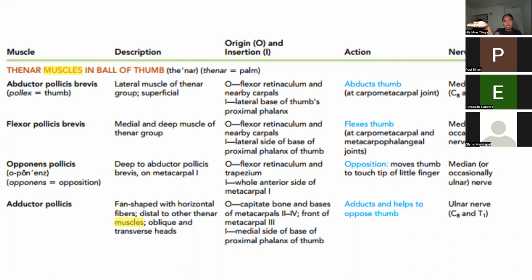Abductor pollicis means it will abduct the thumb. Flexor pollicis means it will flex the thumb. Opponens pollicis means it will oppose the thumb with the other fingers. That is the opposition. So the opponens will do the job, and abductor pollicis will abduct and help with opposing the thumb, and adductor pollicis.